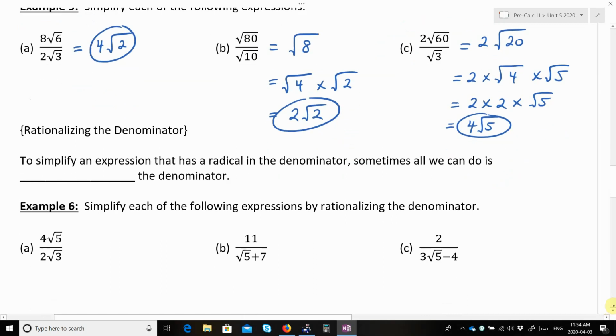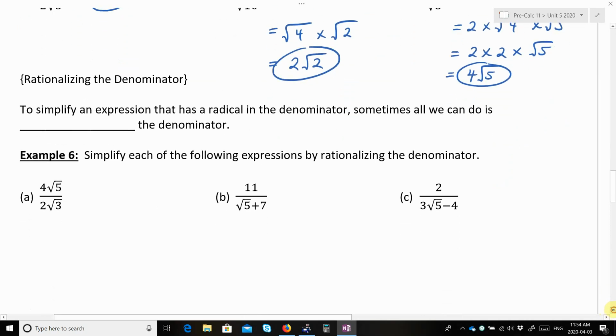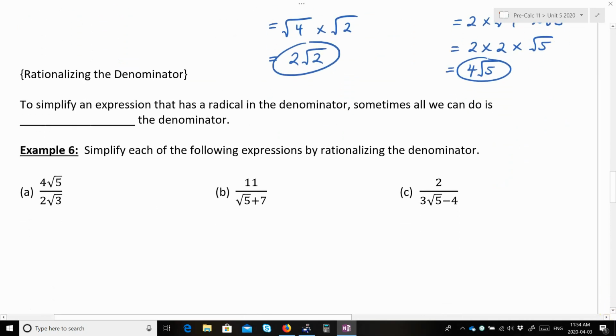Okay, and we'll finally finish off with something called rationalizing the denominator. To simplify an expression that has a radical in the denominator, sometimes all we can do is rationalize the denominator. And what that means, guys, is you're basically just making the denominator a rational number.